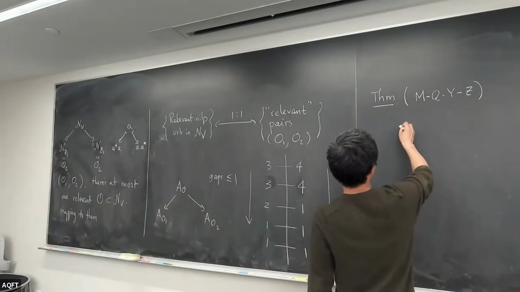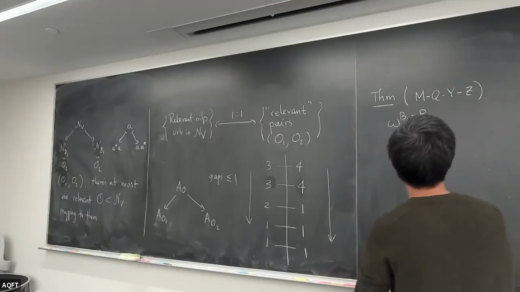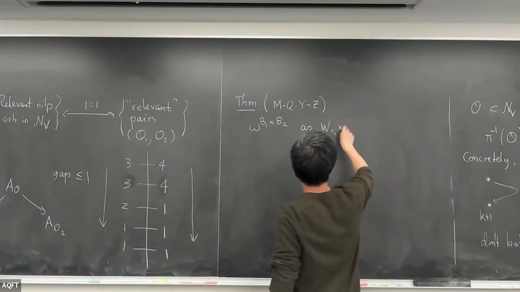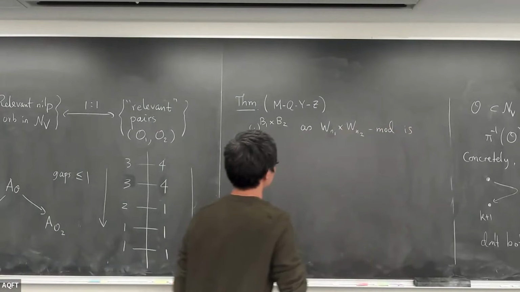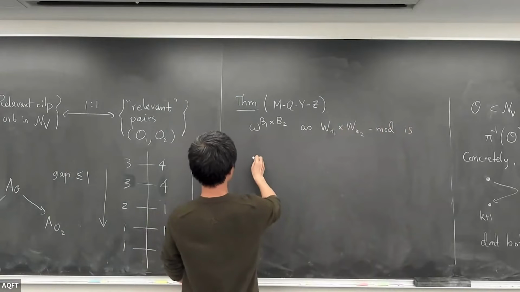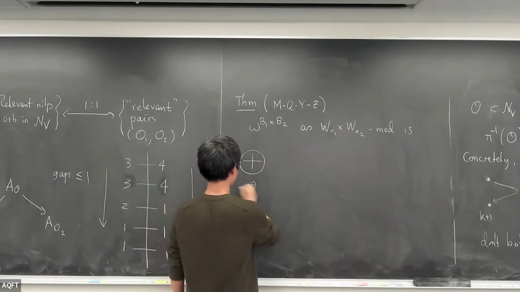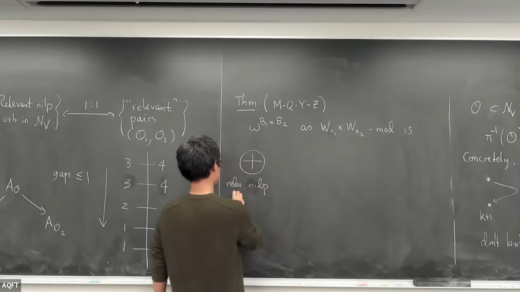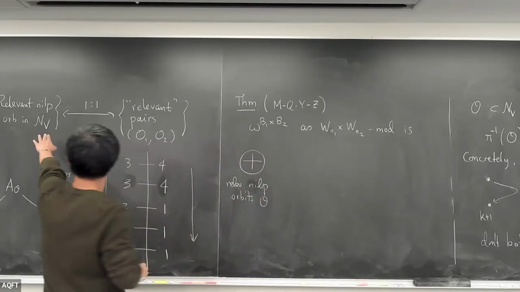That says if I look at this decomposition of just the Borel invariant part of the Weil representation as a module for the Weyl group, it is isomorphic to a sum over some relevant nilpotent orbits O inside this N_B.